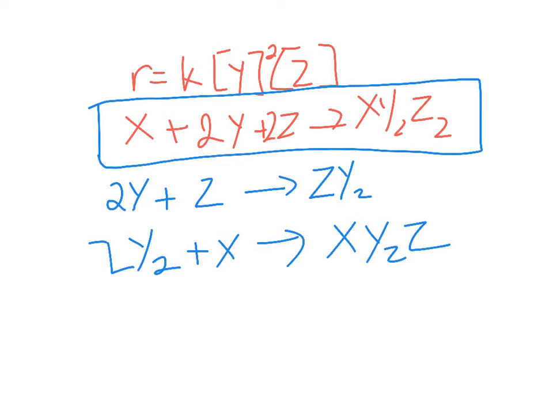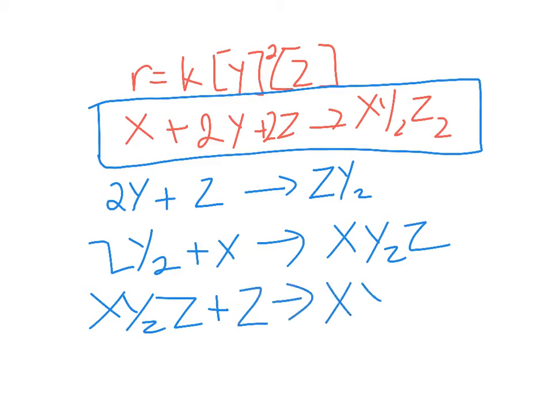We need another Z. So is XY2Z coming up? Is it in our overall? So we're going to use that as another reactant, XY2Z, plus, you said we need another Z? Now XY2Z2.